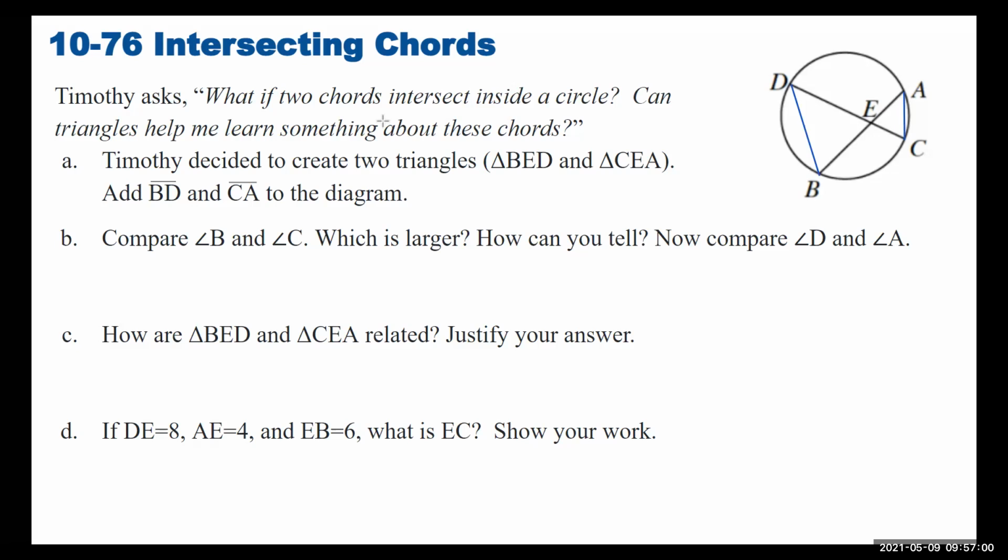In order to do that, we need to think about the angle formed and then the arc it's related to. Angle B is created by segments DB and EB. There's our angle B, and the arc it intersects is arc DA.